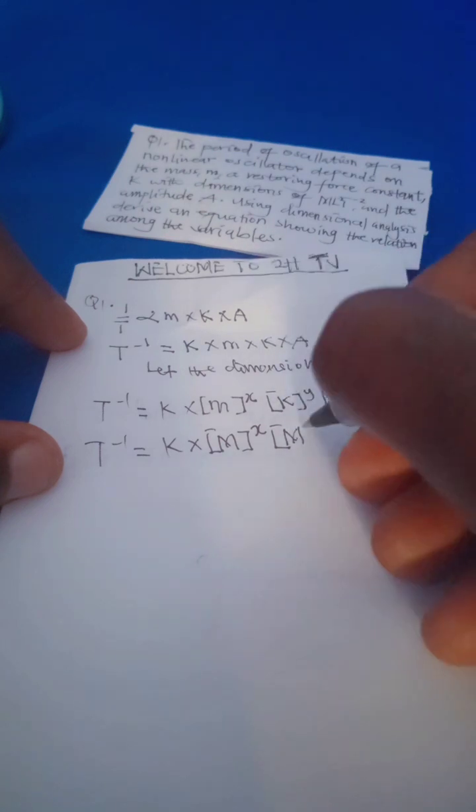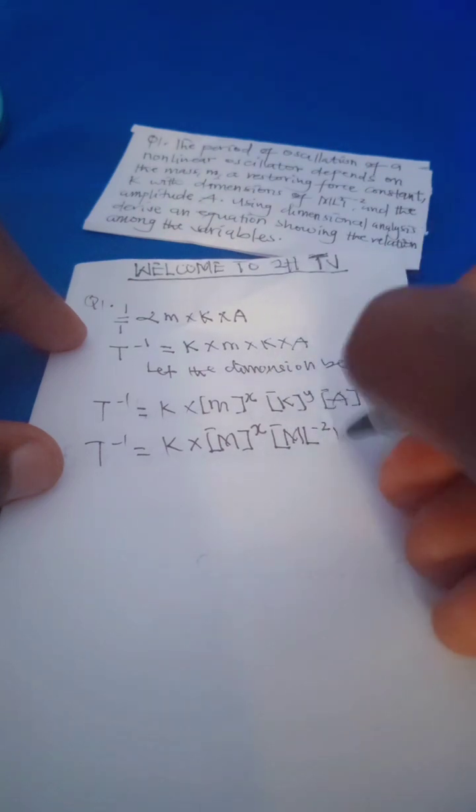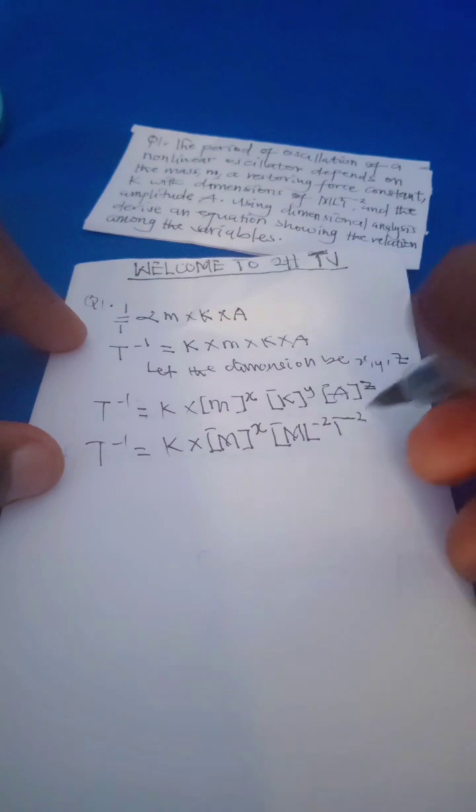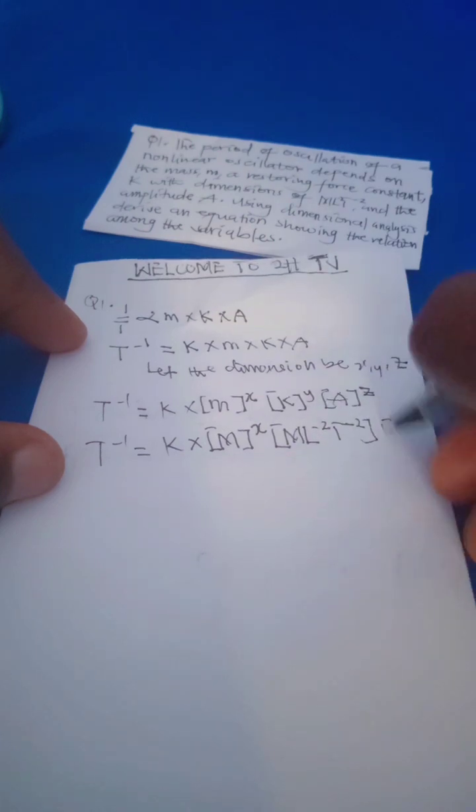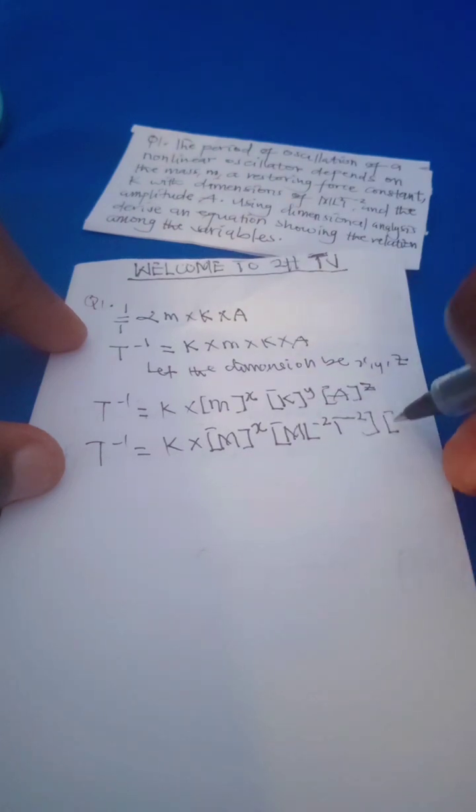Then after that, you quickly replace the mass by its dimension, the k by its dimension, the amplitude by its dimension. So T^-1 is equal to k multiplying, the dimension for mass is capital M^x, the dimension for k is given in the equation as M L^-2 T^-2. Then the dimension for amplitude is the same as length.